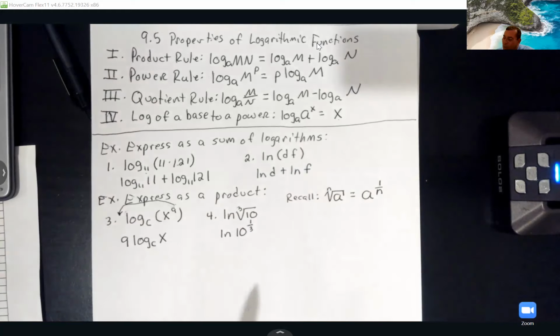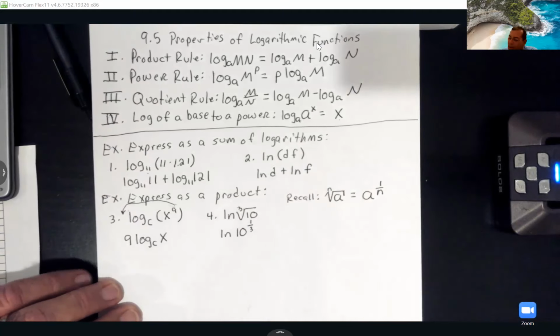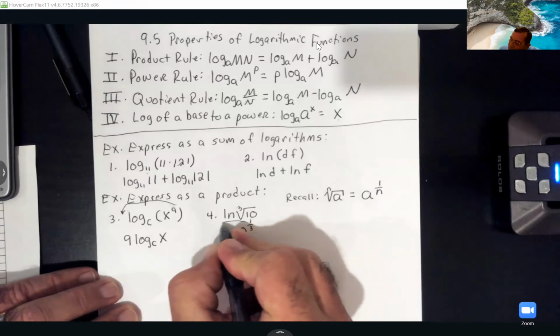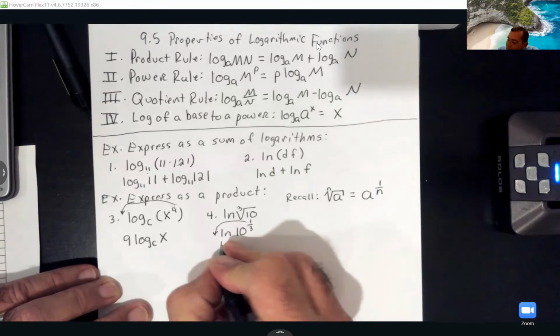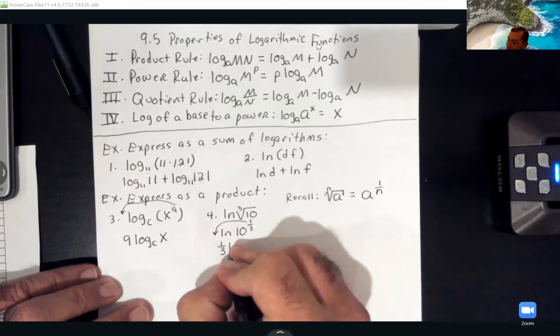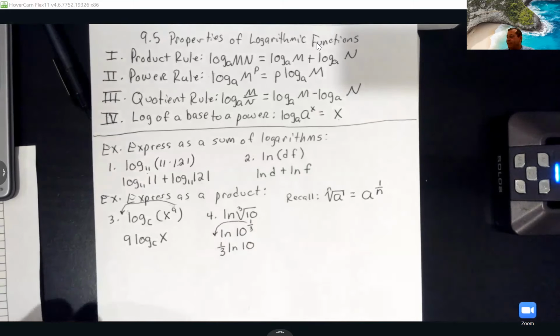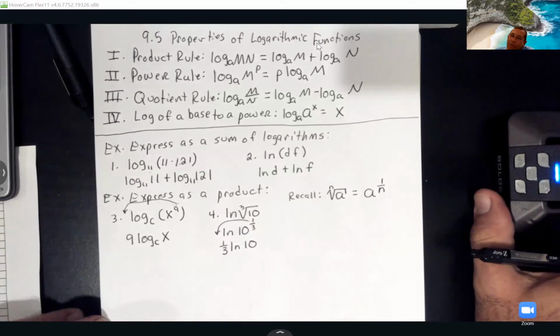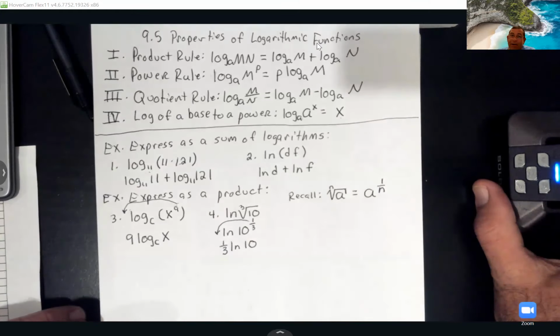So now, guess what? We now have an exponent. So to rewrite this as a product, we're going to take that 1/3 and bring that down to the front so that we get a 1/3 ln of 10. So that's how we're going to trick y'all up on these, is maybe throw some radicals at you here and there.